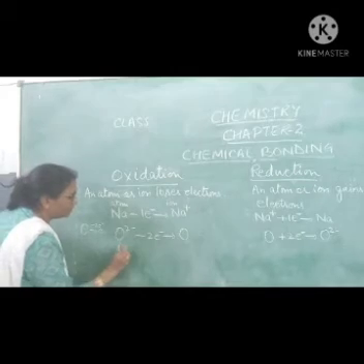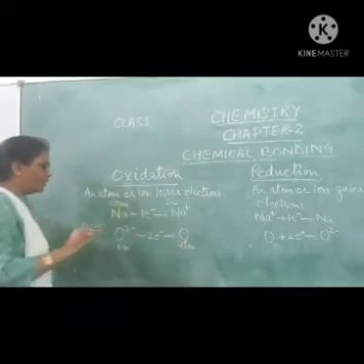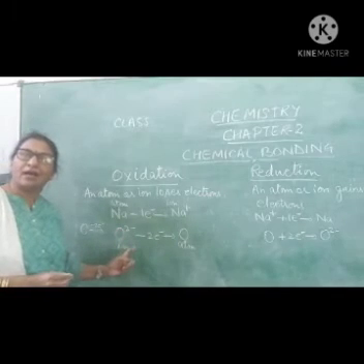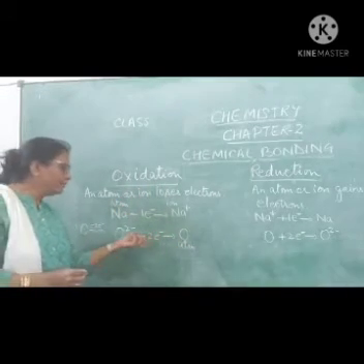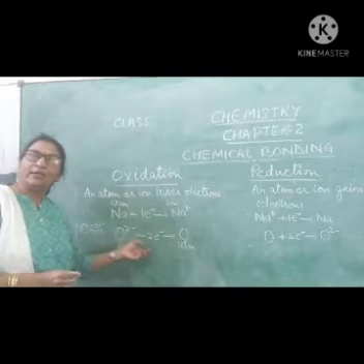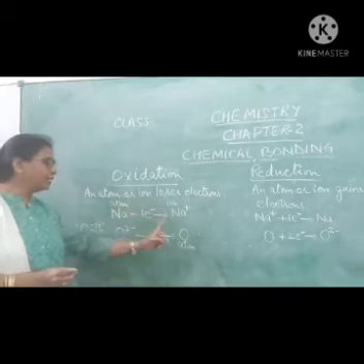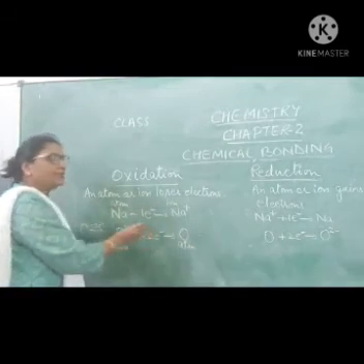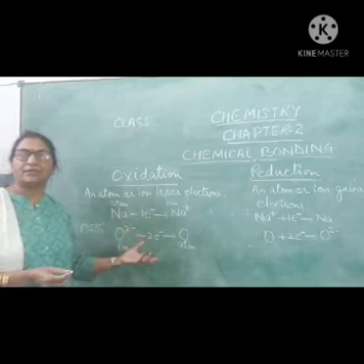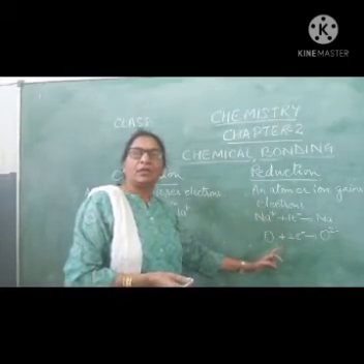Now when this oxygen ion wants to change back to an atom, what will it do? It will lose these 2 electrons which it gained earlier, and convert into an oxygen atom. So which process takes place here? Oxidation takes place, right?